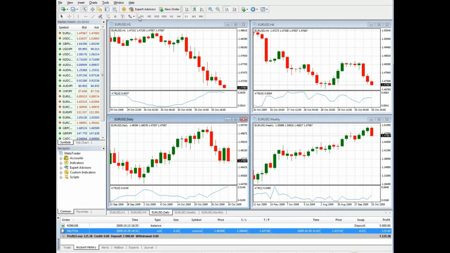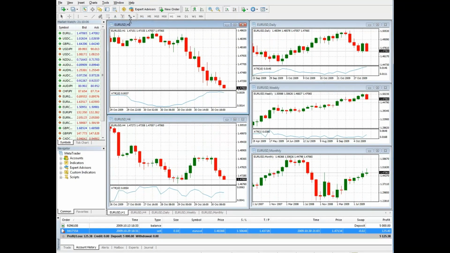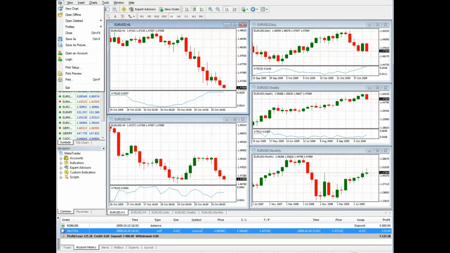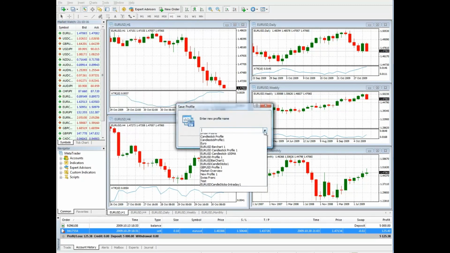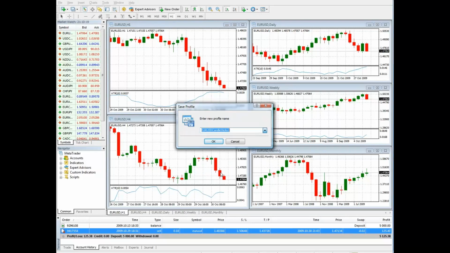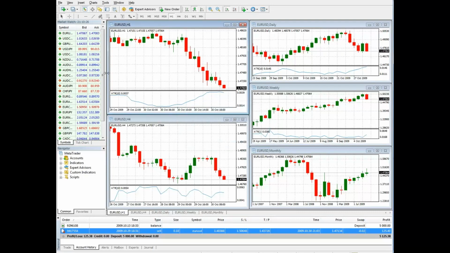Or you can do something standard and then just go through and you're all set there. So we want to save that. And we're overriding the old one, basically. Yeah, we want to override it.